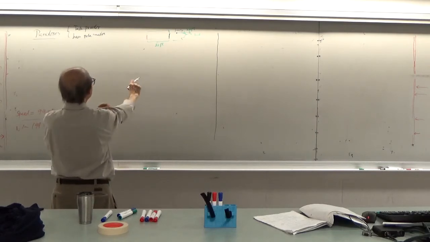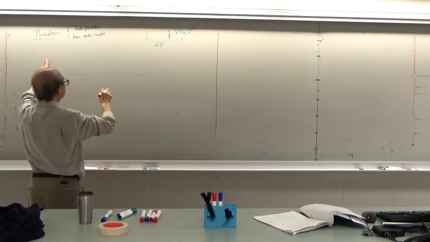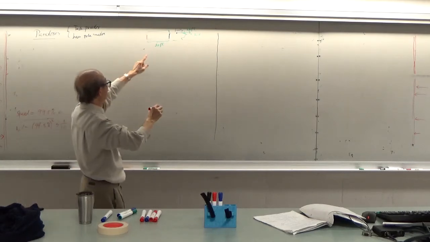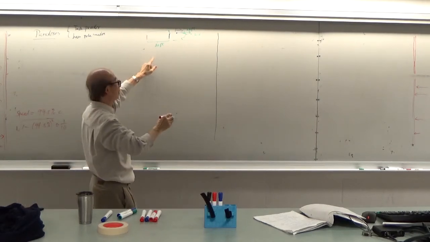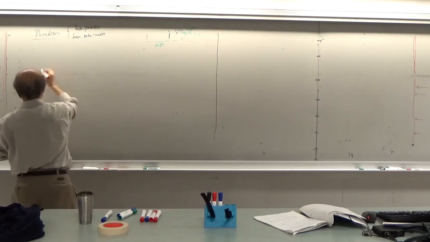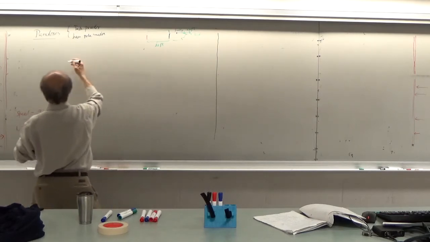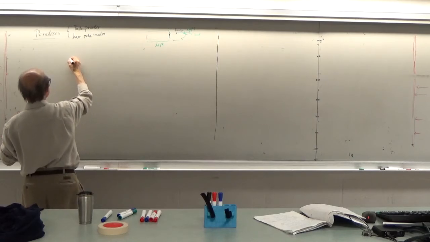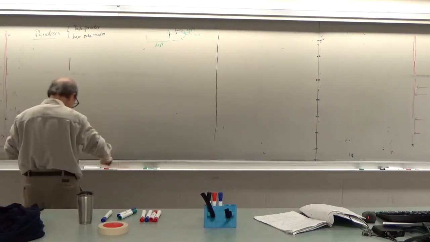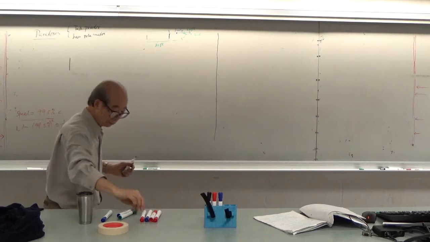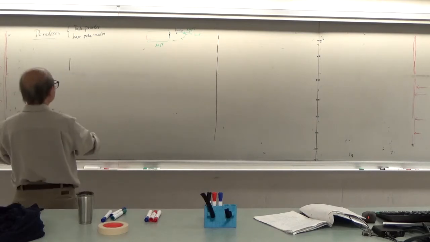So, okay, let's take a look at the situation as observed by the barn owner. The barn owner says that there is this barn, the front door is here, the back door is here.